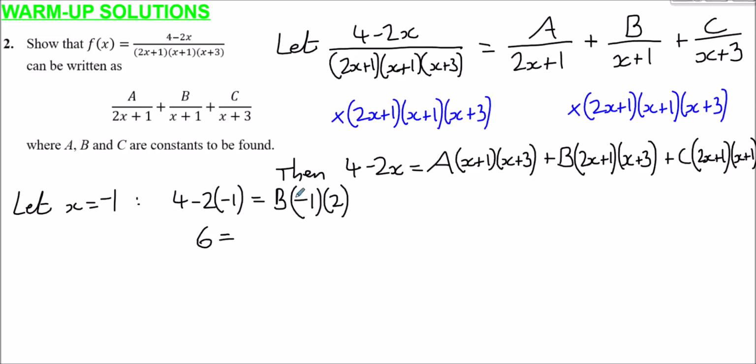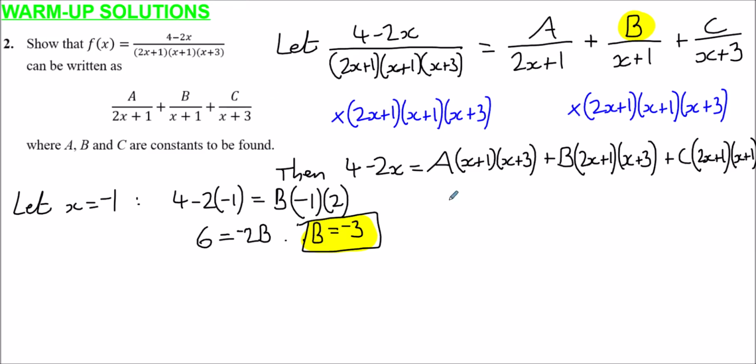So 6 equals minus 1 times 2, which is minus 2, so we've got minus 2b. So 6 is minus 2b. And if I divide both sides by minus 2, you can see that b must be negative 3. So that's the first one I've solved. So b is negative 3.